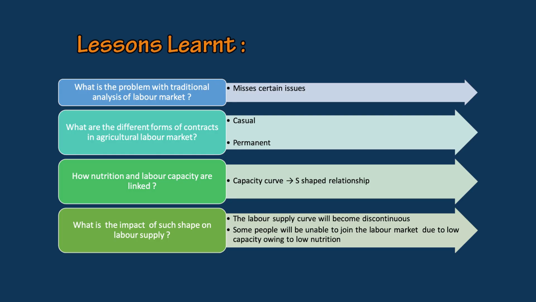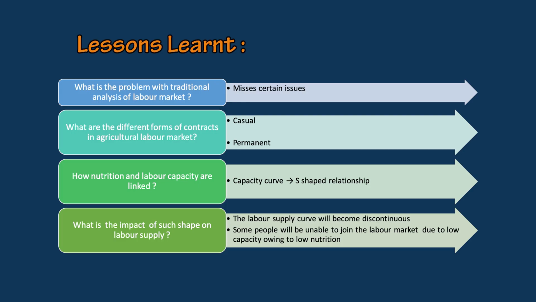The answer is that there are mainly two types of contracts: casual labor contract and permanent labor contract. The third question was, how are nutrition and labor capacity linked? We find that the link is given by the capacity curve, which shows an S-shaped relationship.